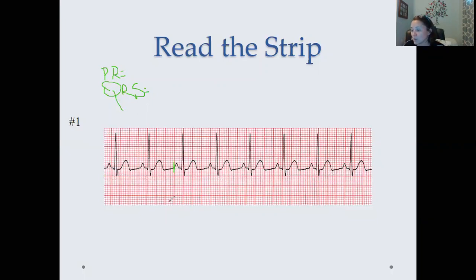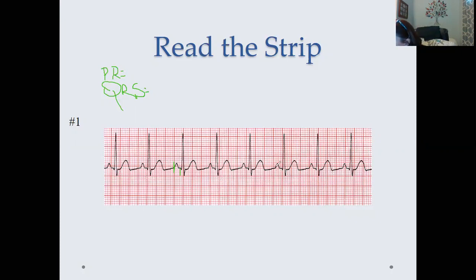So we're going to measure from the beginning of the PR interval to the beginning of the QRS complex, which is going to be right here. And then we're going to measure that. And sometimes we can look at other ones too.